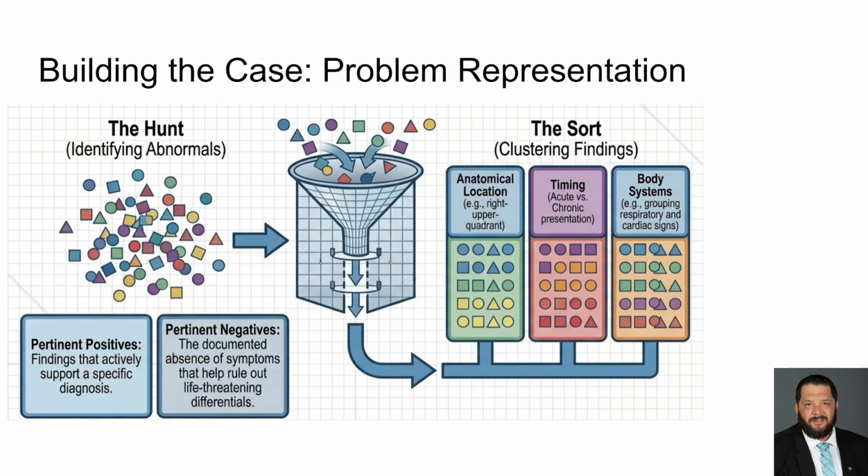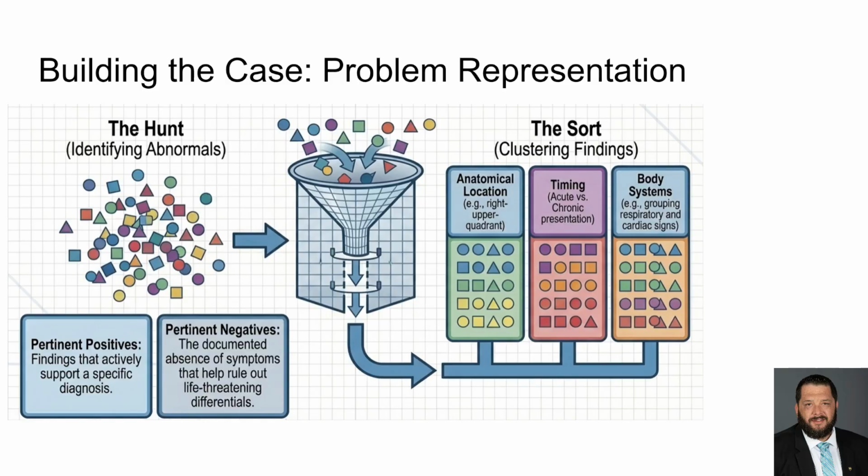But what's important for you, the provider, is to be able to take that information and sort it into things like pertinent positives and pertinent negatives. What I mean by pertinent positives and pertinent negatives is there are things that are affirmed on inquisition or assessment that are pertinent to you.